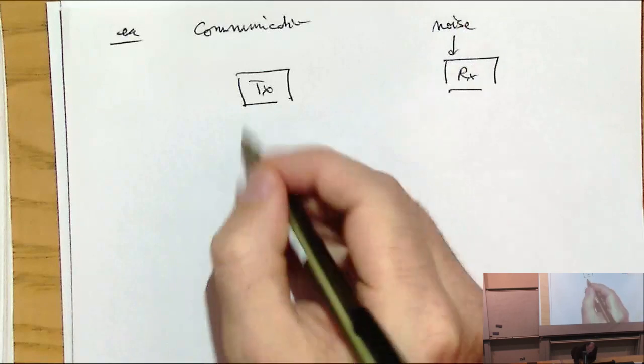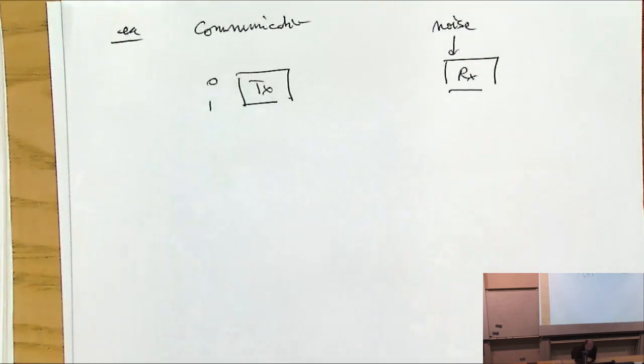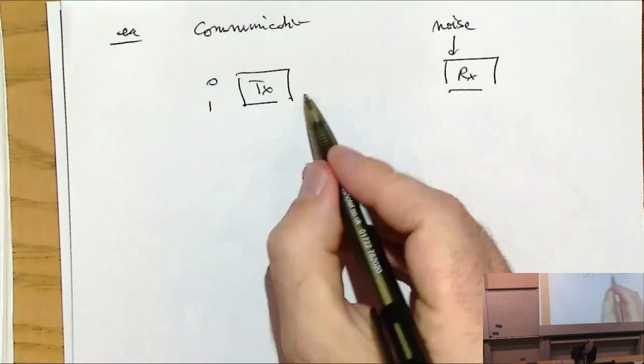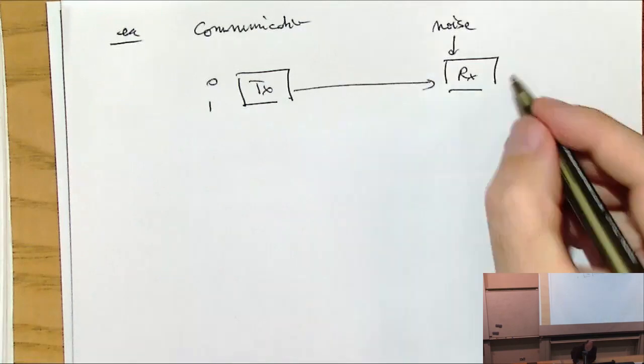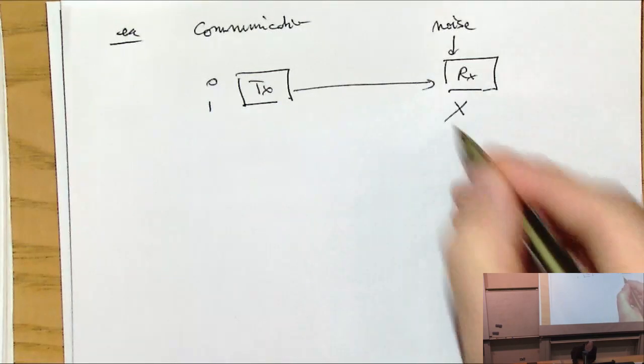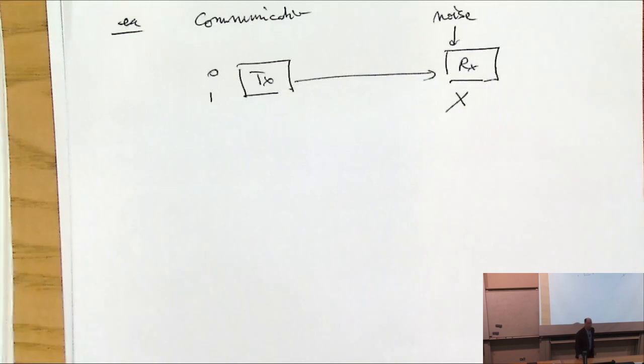And let's imagine here the transmitter, you transmit bits, either 0 or 1, right? So this is transmitted over the air, and what you receive here, you receive something, x. So what is this x? This x is not 0 or 1, because actually the 0 and the 1, they have been corrupted by the noise, right? So what do we do in communication?